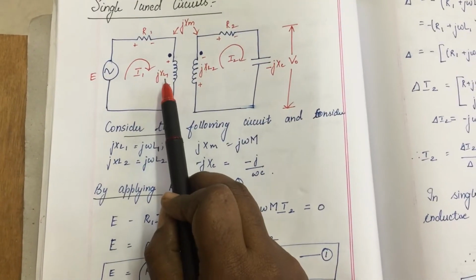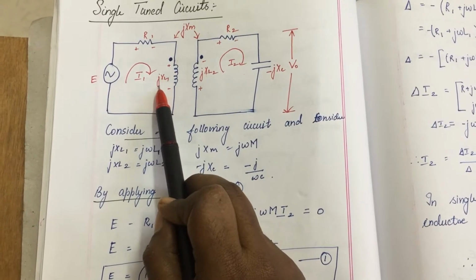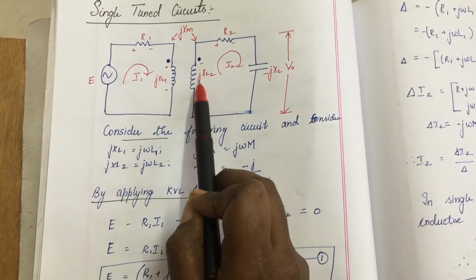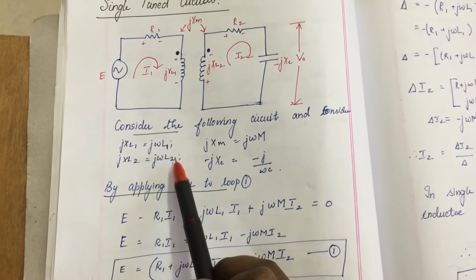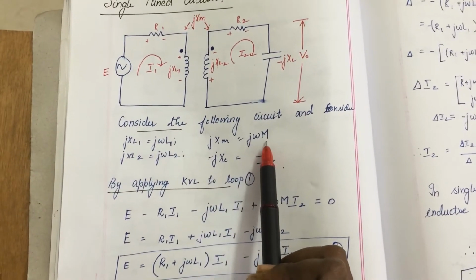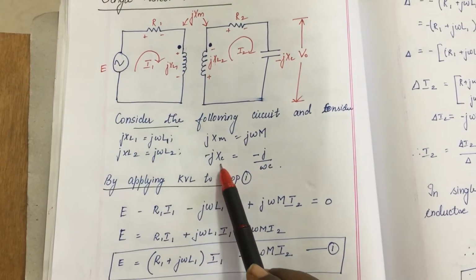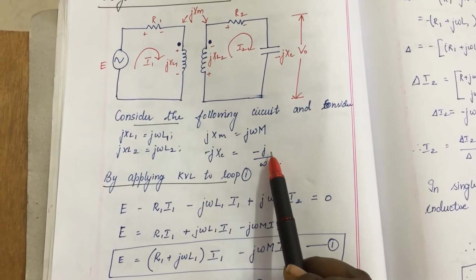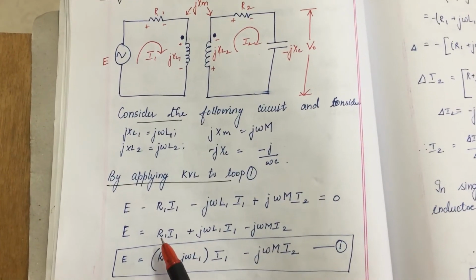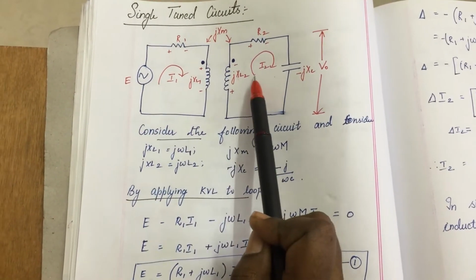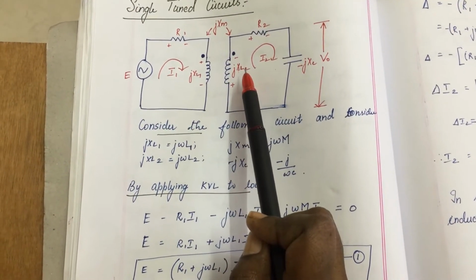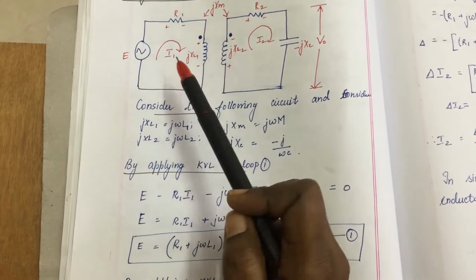Now let us consider jXL1, jXL2, jXM as jωL1, jωL2 and jωM, and jXC as 1/jωC. By considering this, we are going to apply KVL to loop 1 and KVL to loop 2 and proceed with the single tuned circuit.